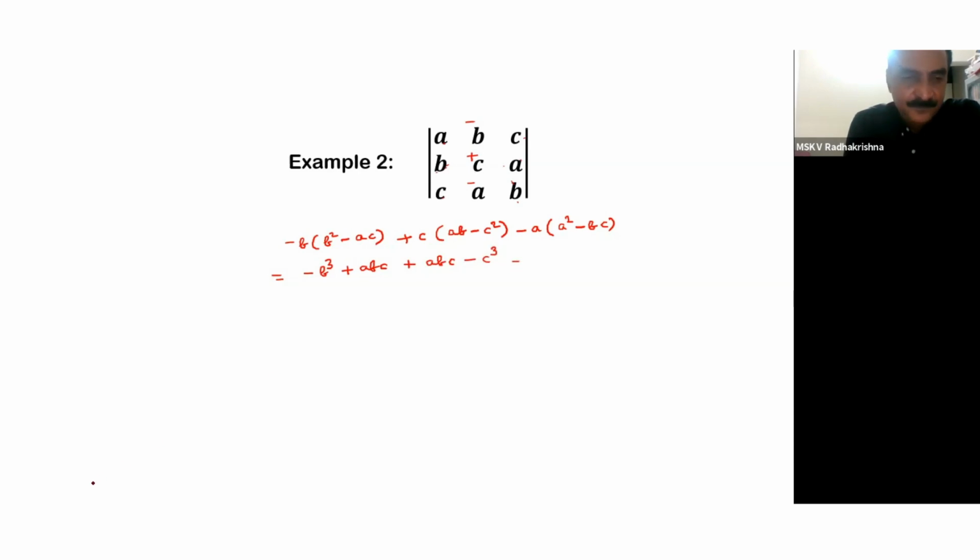Next, minus A into A square, minus A cube, plus, minus A into minus BC is plus ABC. Then adding the positive terms, ABC plus ABC plus ABC is 3ABC. Next, minus A cube minus B cube minus C cube.